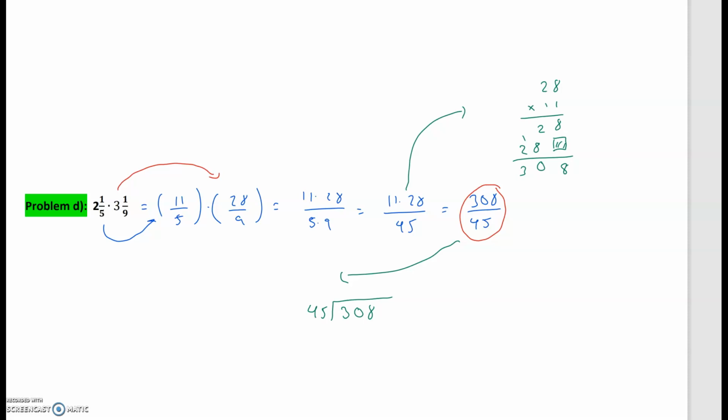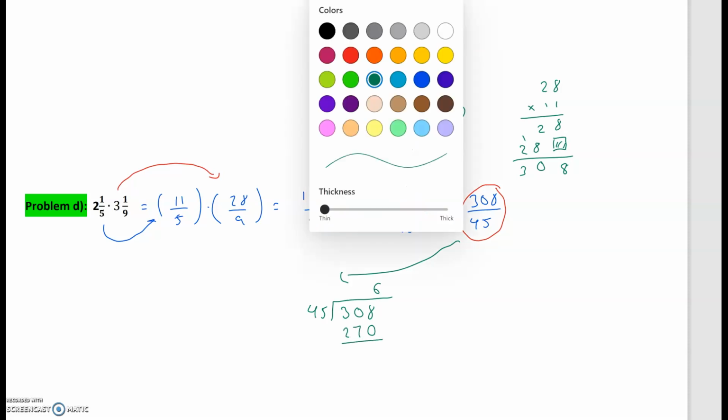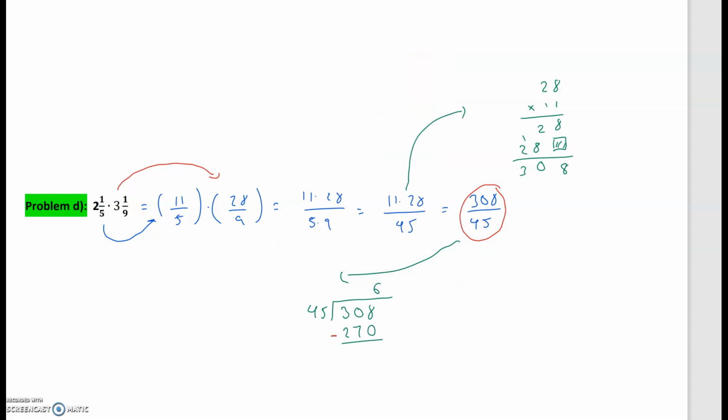Eyeballing it around 6. So we're going to multiply 6 times 5. That's equal to 30, and you carry 3. And then 6 times 4, 24 plus 3 will be 27. So 27. And then let me carry the subtraction. So that's going to be an 8. We're going to have to borrow. That's a 10. That's a 3. And then a 0. Okay.